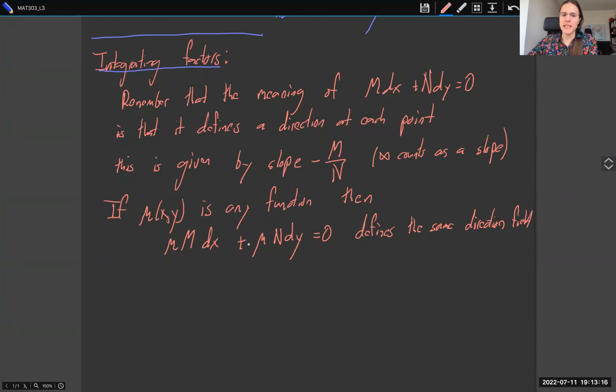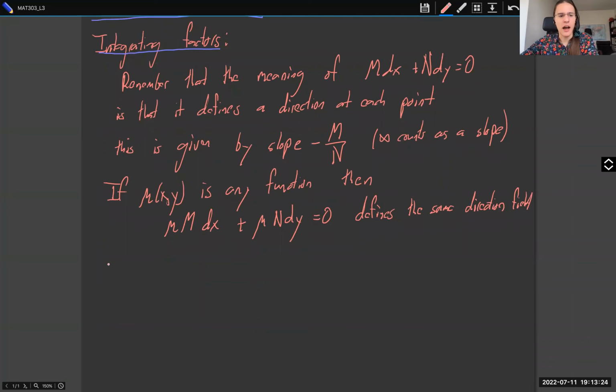So the point is that this equation might not be exact, but by multiplying it by a certain mu, it becomes exact. So if this equation, which I'll label as 1, if 1 is exact, then mu is called an integrating factor.